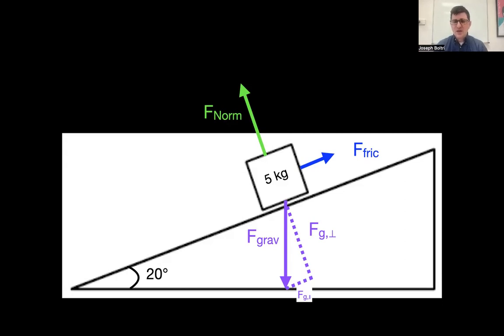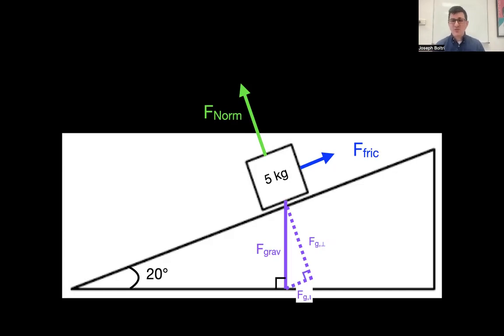In order to actually do the trigonometry to solve for the force gravity and break it into its parallel and perpendicular components, I need to know one of the angles inside the triangle that I've just made right there. Does everyone see how I made a triangle where force gravity is down, and then it has two legs, the parallel and perpendicular components of that triangle? And obviously a line that's parallel and a line that's perpendicular are going to make a right angle. So I've drawn in a right angle right there in my little purple triangle.